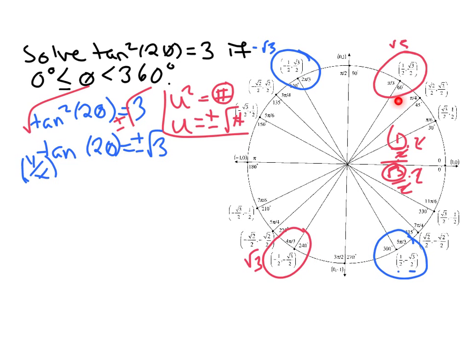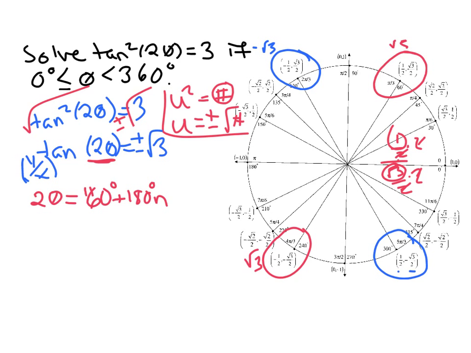And if you keep adding 180 degrees, you're going to hit these two solutions over and over. So the solution set that I'm circling in red there could be written as 2 theta, and I'm writing 2 theta just because that's what's inside the tangent function in this problem, is equal to, oops, I keep wanting to do radians, 60 degrees plus 180n.